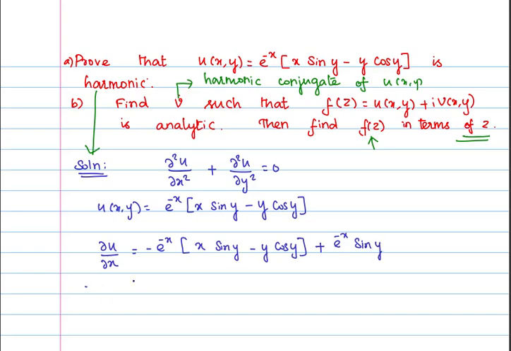So this is equal to minus x times exponential of minus x sin y plus y times exponential of minus x cos y plus exponential of minus x sin y.